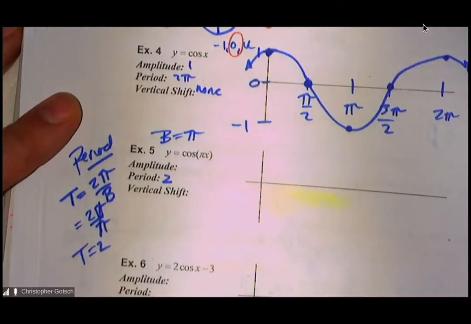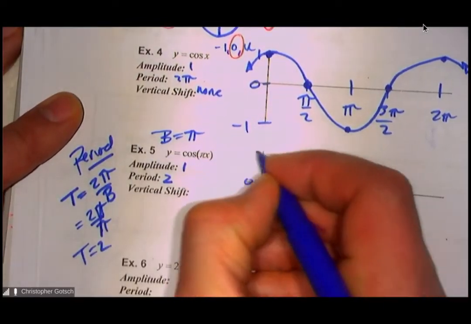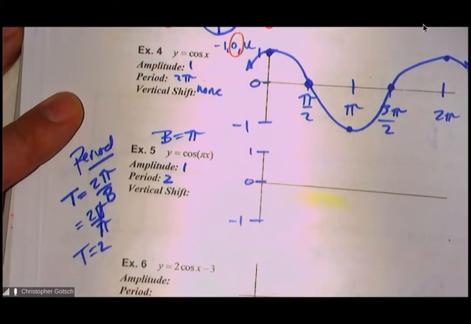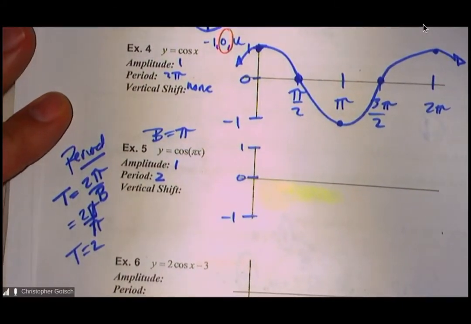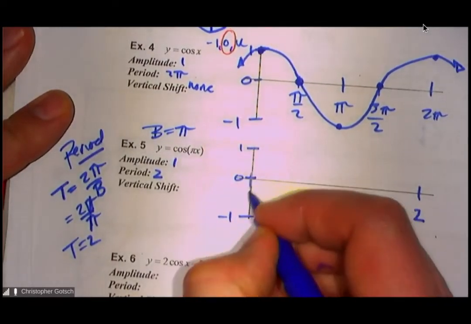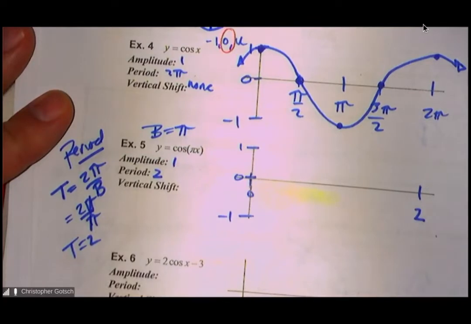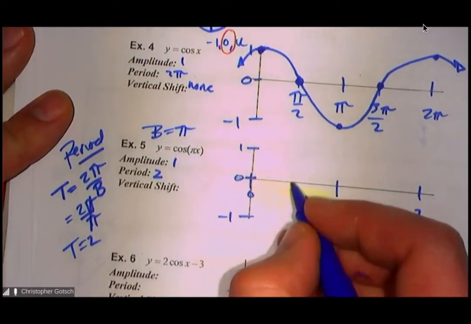All right. So amplitude is 1, so again 0 to 1 and negative 1. And here we go. I'm going to go from 0 all the way to my period of 2. I cut that in half, and now I cut it into fourths.